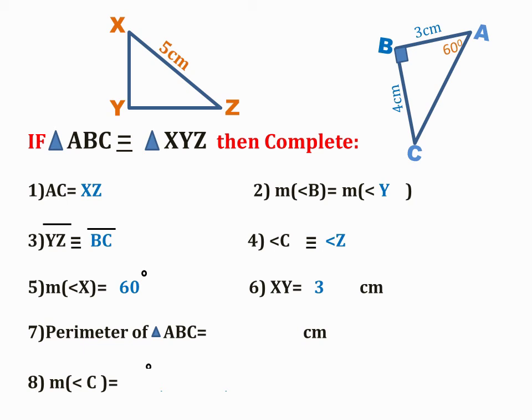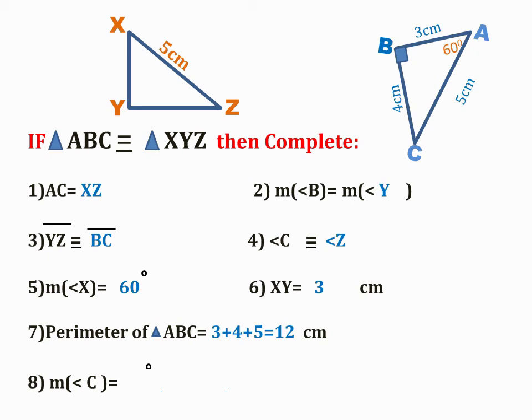As we said in question number 1, the corresponding side of AC is, that's right, XZ. XZ is 5 centimeters, so AC is also 5 centimeters. To get the perimeter of triangle ABC, you're going to add 3 plus 4 plus 5. How much do you think? Yes, that's right, 12 centimeters.